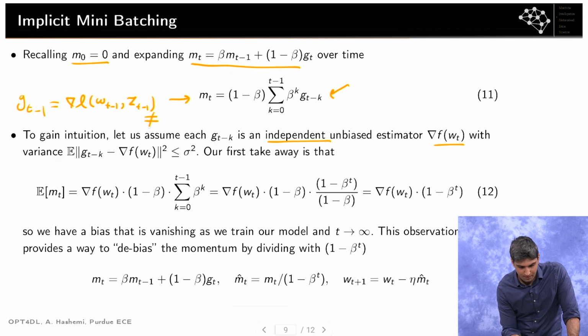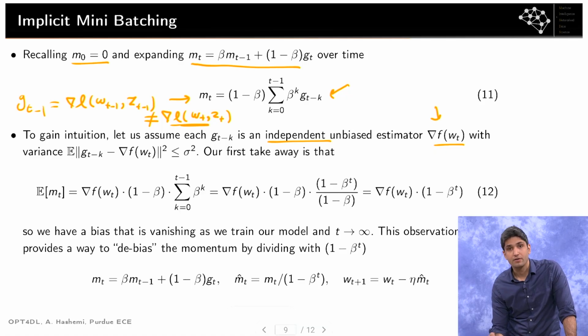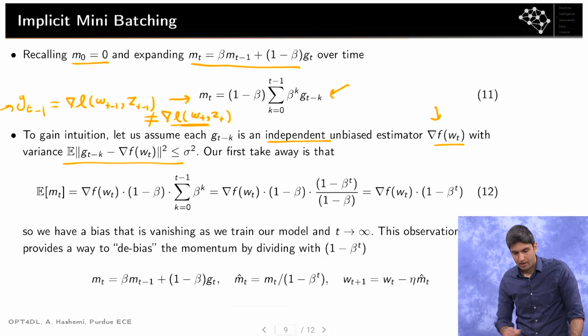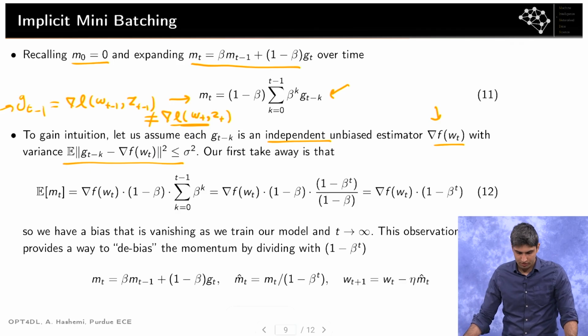So this is not the same as the stochastic gradient at Wt and zt. This one is an unbiased estimator of the true gradient at Wt, but that one is not. But we're going to assume that it is also a good unbiased estimator of the true gradient, and that its variance is sigma squared.